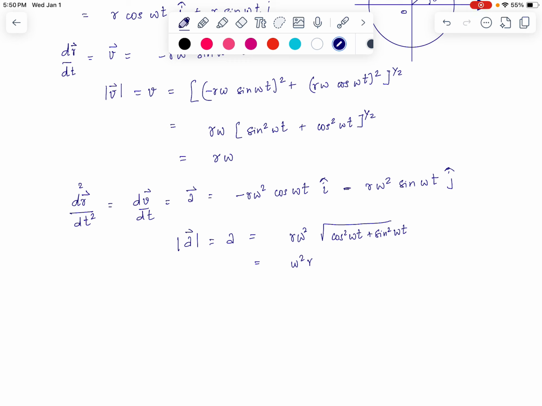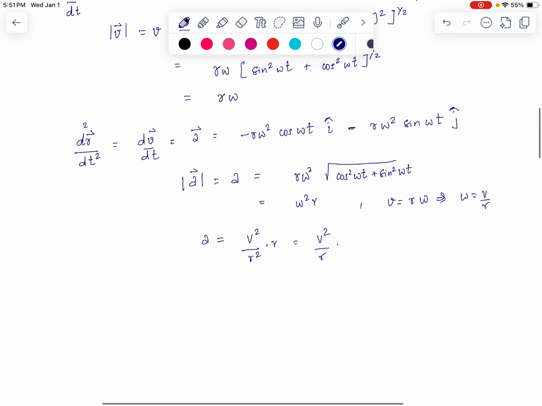Here we know that v equals r omega, from the equation that we just derived. V equals r omega, and therefore omega equals v divided by r. So therefore the acceleration is v squared divided by r squared times r, which equals v squared divided by r.